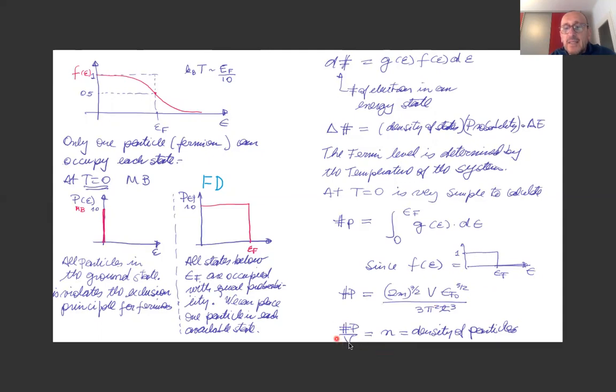This density is controlled by the material. All the other things here are just constant values, the mass of the electron and Planck's constant. So you actually can define the energy level, the Fermi level of the material, just by knowing the density of electrons in the material. That's it.